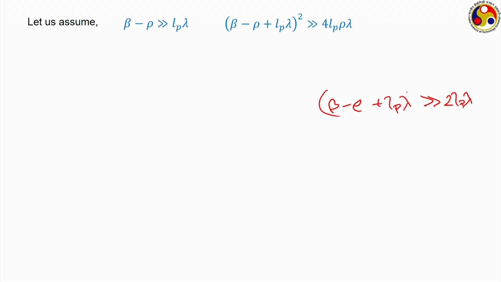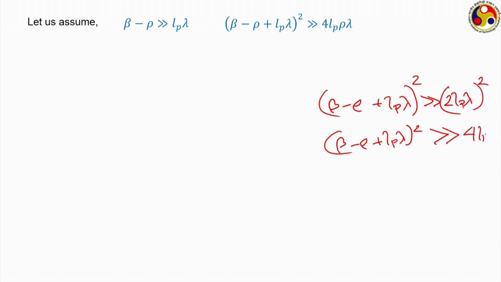Now if I take a whole square, beta minus rho plus LP lambda whole square should be significantly greater than 4 into LP lambda whole square, or we can just say it has to be greater than 4 into LP lambda.